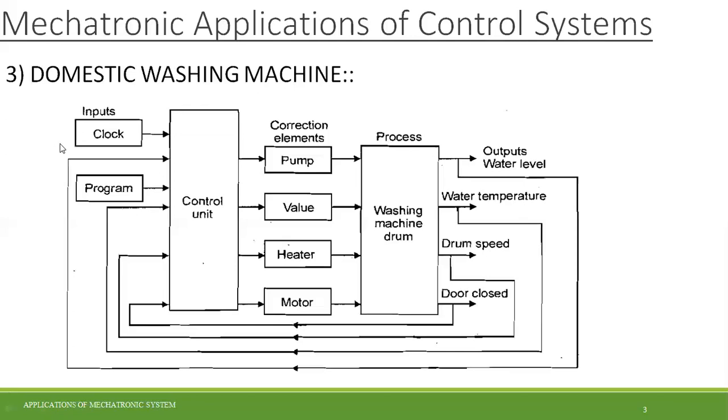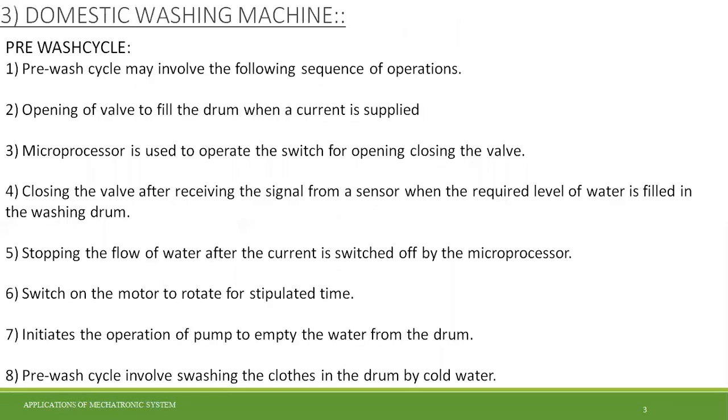For each and every one, the inputs have to be given in the control unit, and the overall process will be given in a set of instructions format, nothing but programming, and that program is also fed to the controller unit. So what are the steps that are involved, we will be seeing in a sequence.